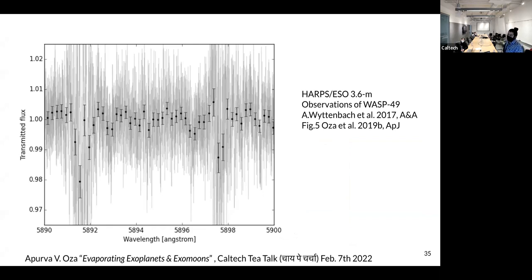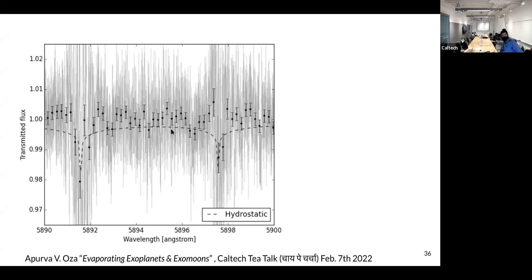What you're seeing is binned observations averaged over 3 nights of sodium D2 right here, and then sodium D1. What you're seeing is the neutral sodium signature that creates this line. If we test a hydrostatic model, we actually get this profile. So it looks like the line depth does not reach as far.